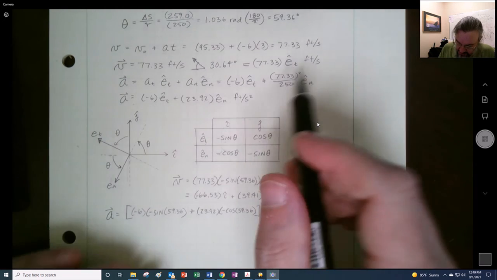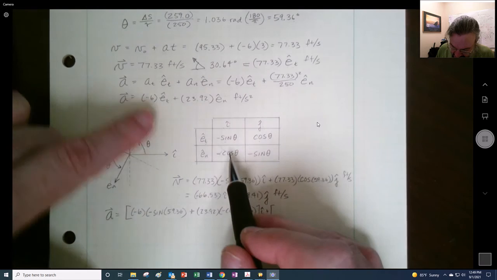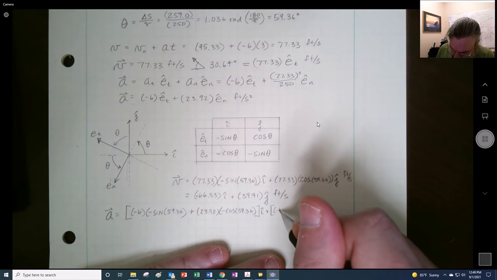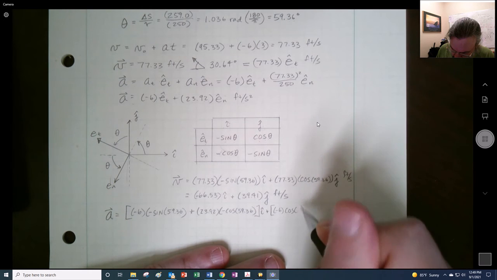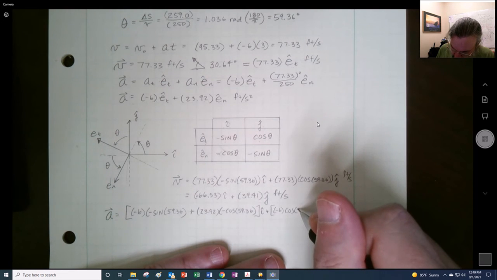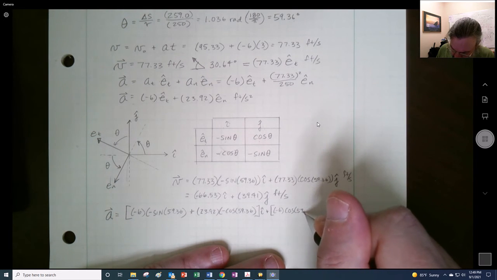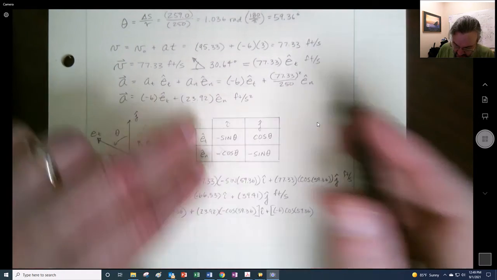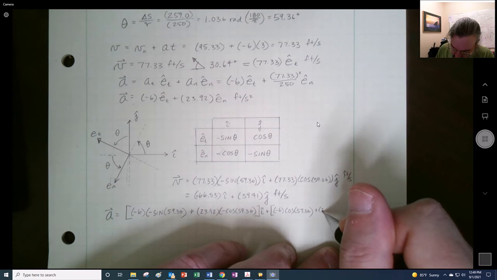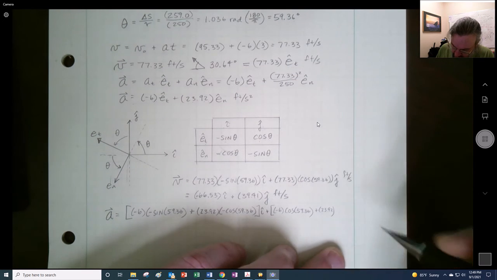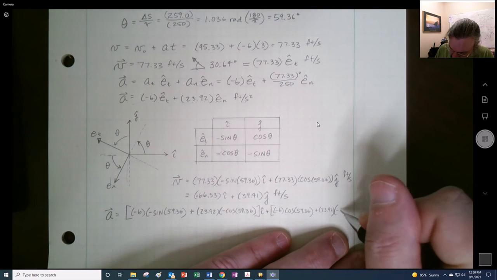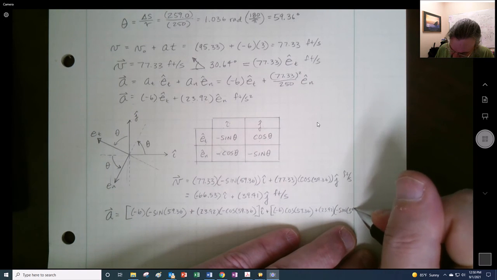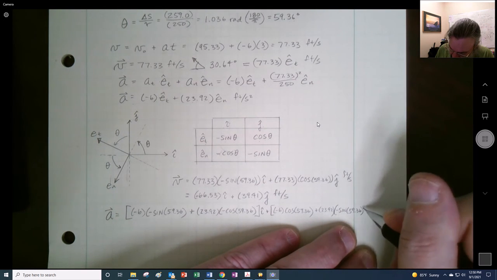And then I'm going to do the same thing for this -6 times the positive cosine of 59.36, and then I'm going to take this 23.92, didn't leave myself a lot of room, and the negative sine of 59.36.